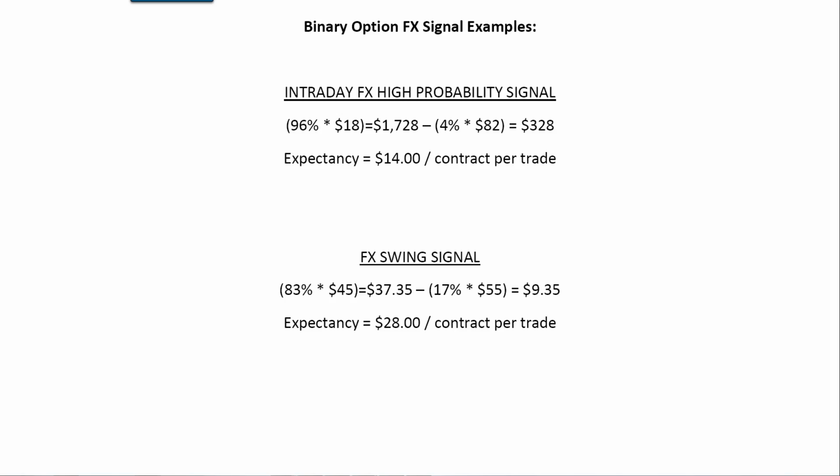Because without a positive expectancy, no matter what the win rate or the losing rate is on a trade setup, if you cannot self-perform positive expectancy on a particular strategy or signal, then you need to stop and reassess that signal or that strategy or your own performance and figure out what's not working.